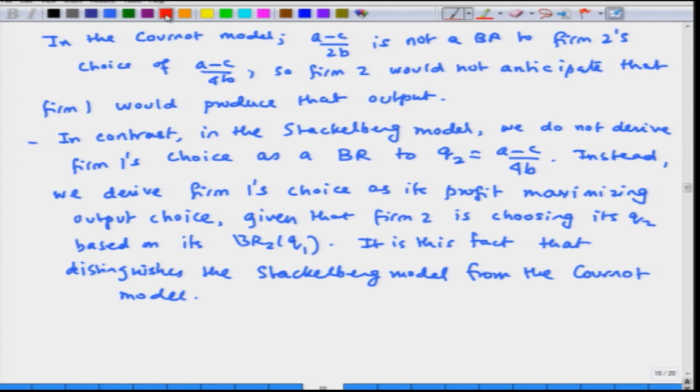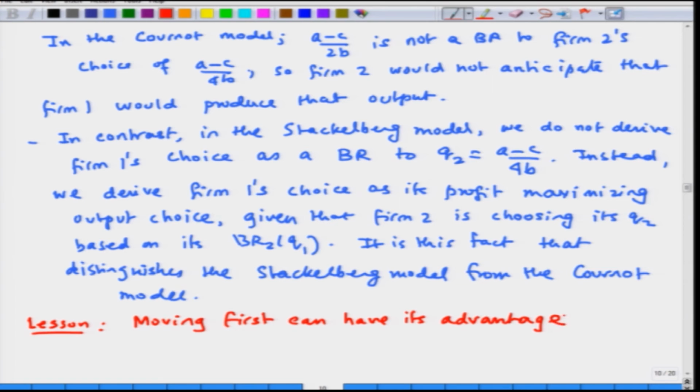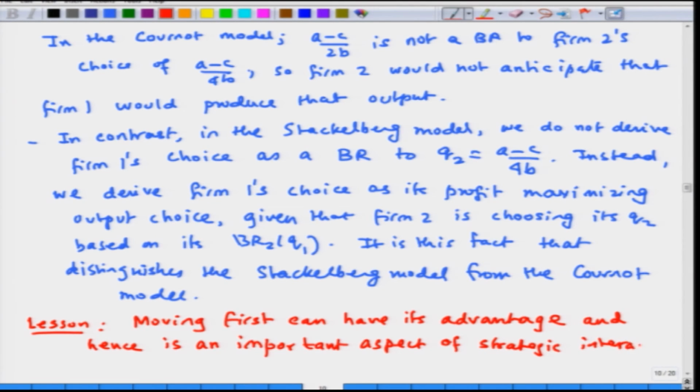So, to summarize, a big lesson that comes out from the Stackelberg model is that moving first can have its advantage. So, firm 1 which is the leader moves first, earns a larger profit, and hence this is an important aspect of strategic interaction, right.